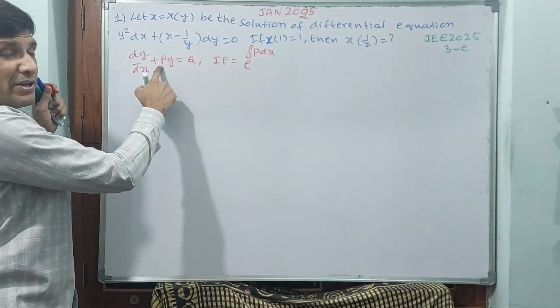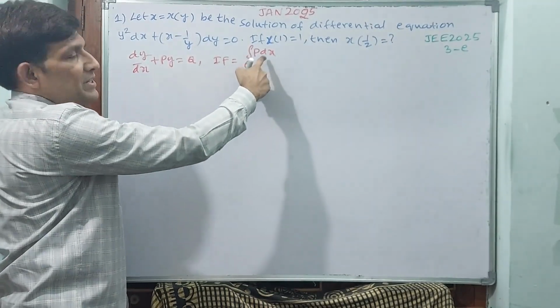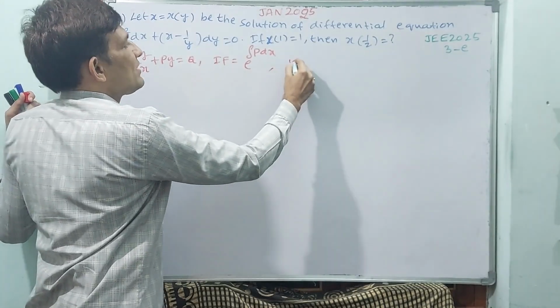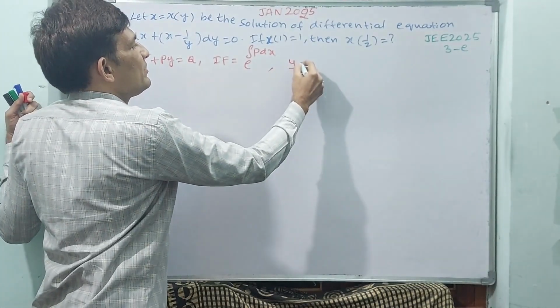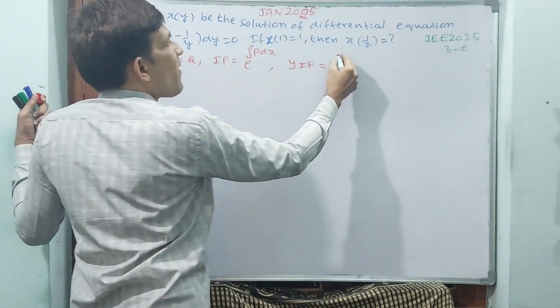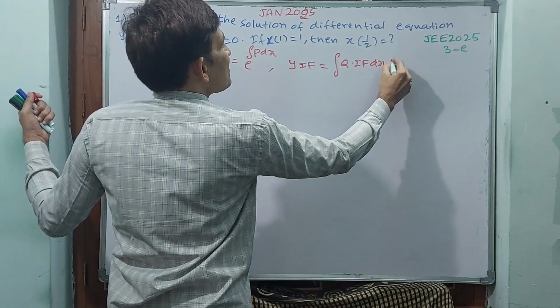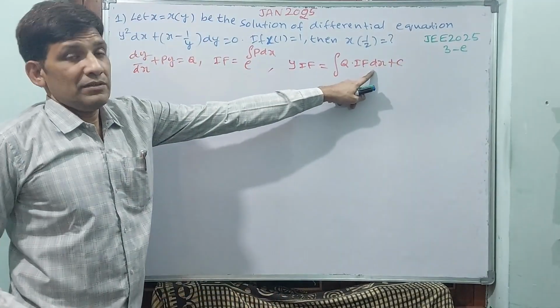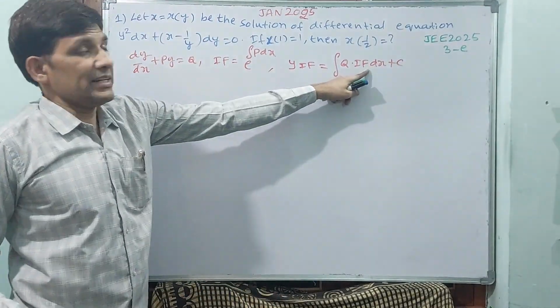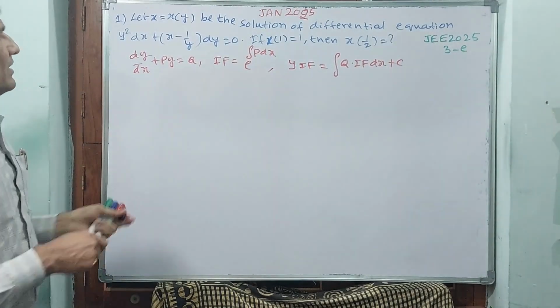Why? Because unless p is in terms of x, we were unable to do integration with respect to x. Then what is the solution? y into integral factor is equal to integral of q into integral factor dx plus c. With respect to x we were doing integration. This was the earlier standard we have done.